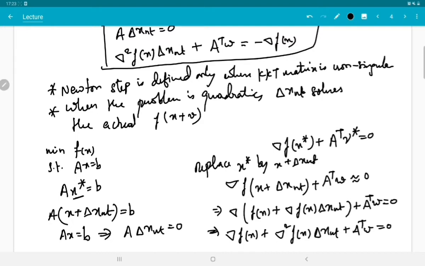This is an approximation, so we are equating that approximation to 0. So we can see that this is exactly the thing that we got.